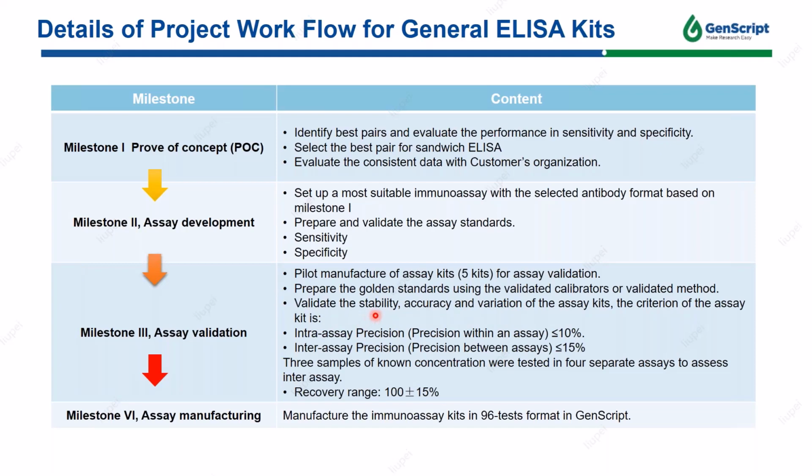Validate the stability, accuracy, and variation of the assay kits. Also, the criterion of the assay kits for the intra-assay and inter-assay. Finally, we will manufacture the immunoassay kits in 96 test formats in GenScript.